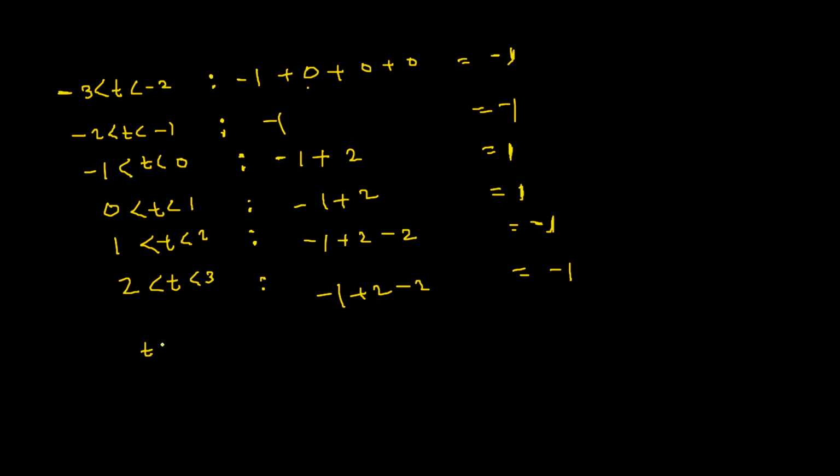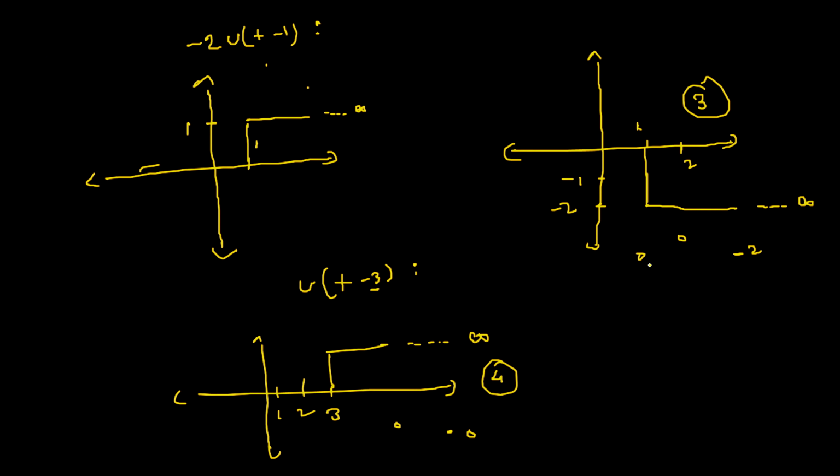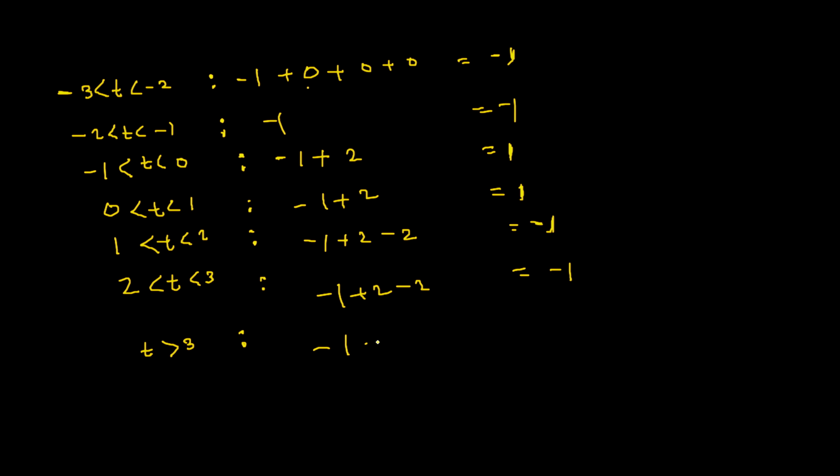So for t greater than 3, the first graph gives me minus 1, the second one gives me 2, the third one gives me minus 2, and the last one gives me 1. Because there was no amplitude scaling in this, there was just time shifting, so the amplitude remains 1. So here, what I have is minus 1 plus 2 minus 2 plus 1. This is 0.